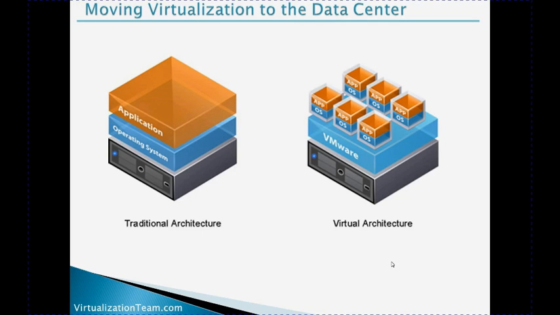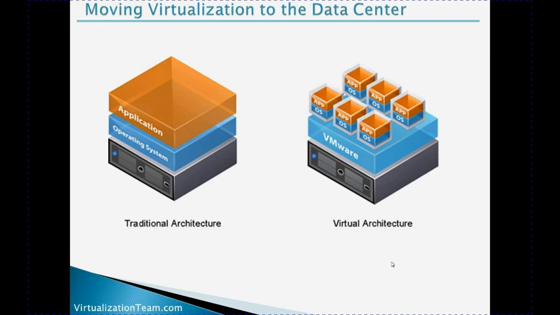When we're moving that to the data center and to server virtualization, we actually don't want to have a host OS. So we don't want to have Windows under our hypervisor or our virtualization software, because that reduces our reliability.